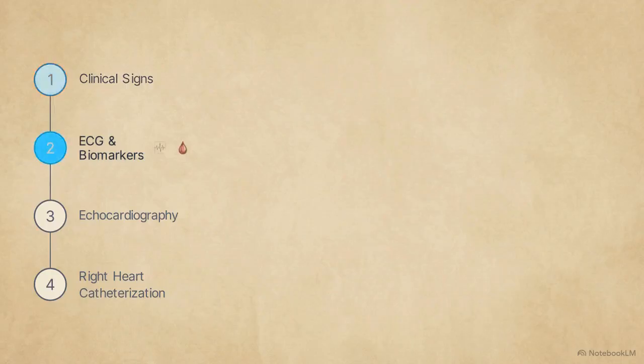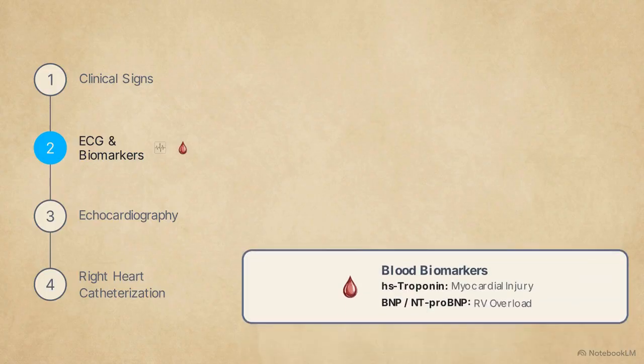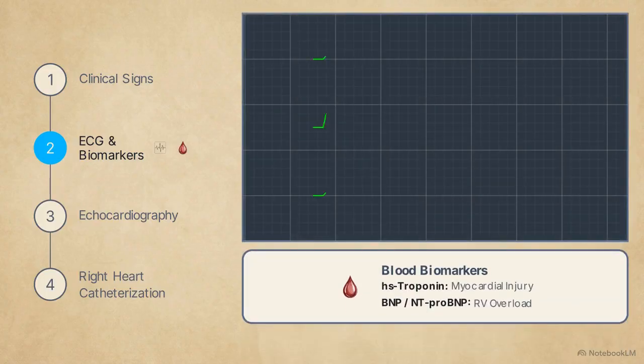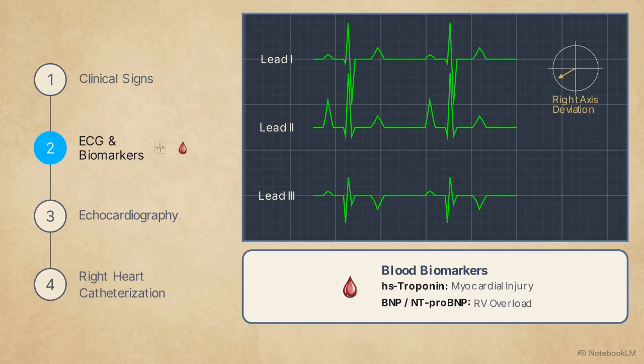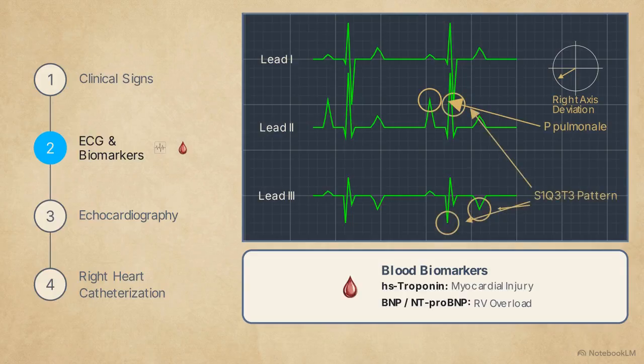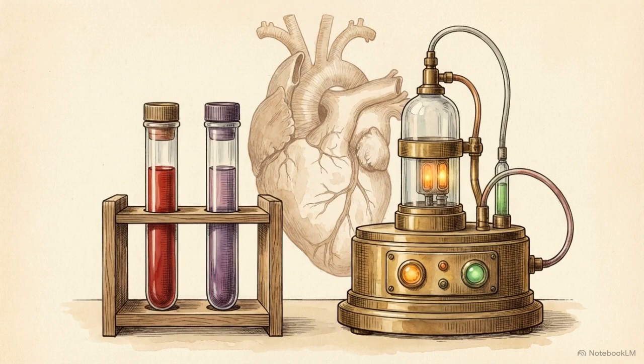Phase 2 utilizes electrocardiography and blood biomarkers to screen for right-sided strain. The electrocardiogram reflects the physical changes of right ventricular hypertrophy, showing right axis deviation, peaked P waves, or P pulmonale, and the S1Q3T3 pattern. Serum biomarkers provide a measure of cardiac stress.